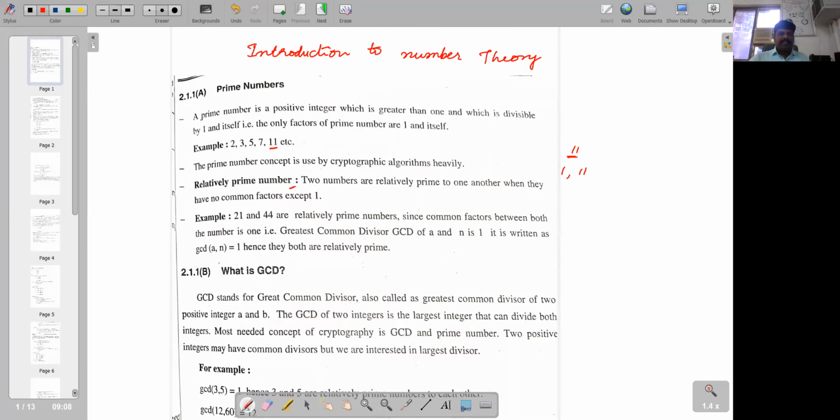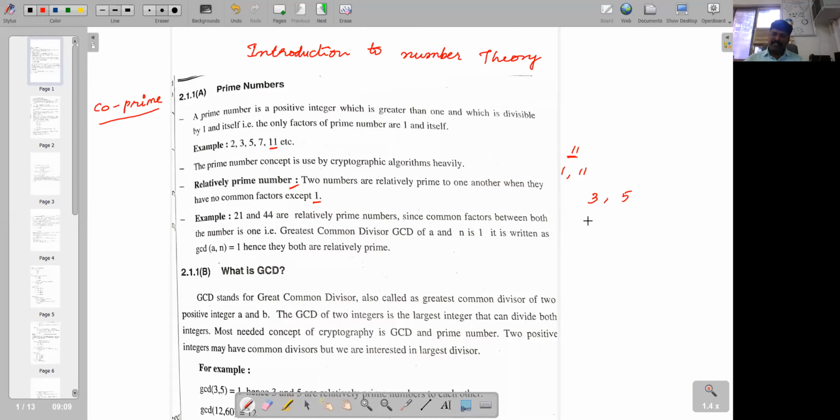So if numbers have the factors of 1 and itself, those numbers are called prime numbers. And the second, relatively prime numbers, which are the co-primes. Two numbers are relatively prime to one another when they have no common factor except one. For example, 3 and 5 are co-primes.